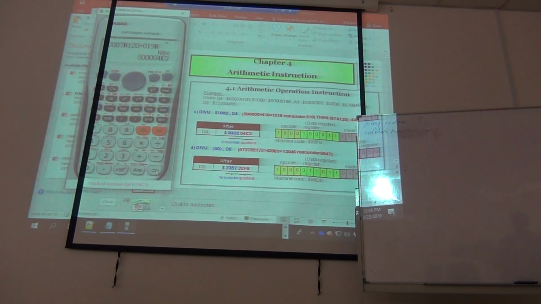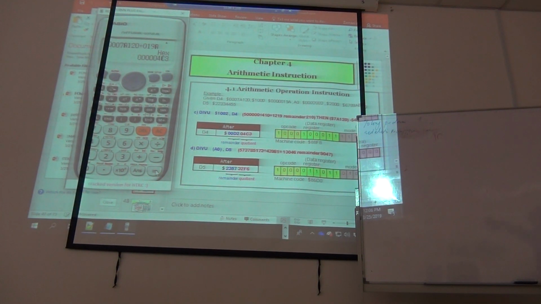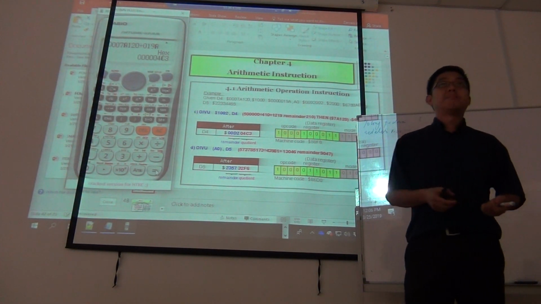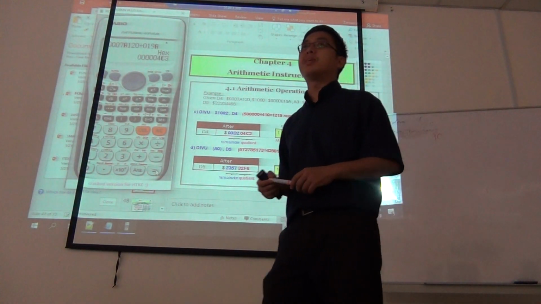Again, if you want to find the value for the remainder, you can do the same concept like I taught just now. You can simply take this whole number minus this number times this number. It's the same thing. Just now I showed it in decimal to make it easier for you to look at, because we're familiar with decimal numbers.